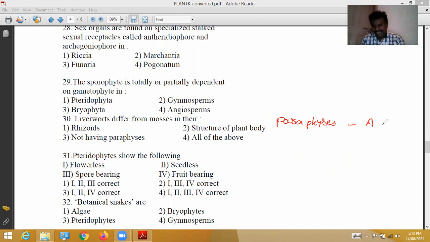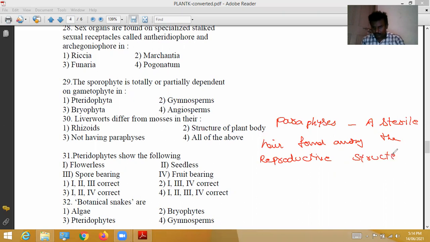Paraphysis means a sterile hair found among the reproductive structures of many fungi, bryophytes, and algae.